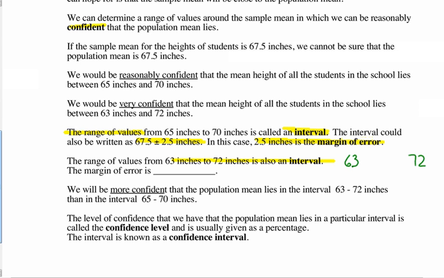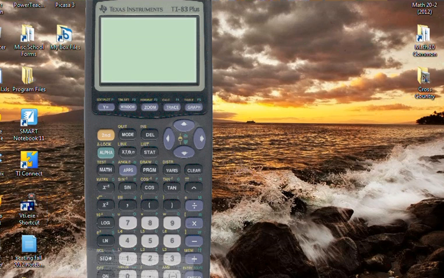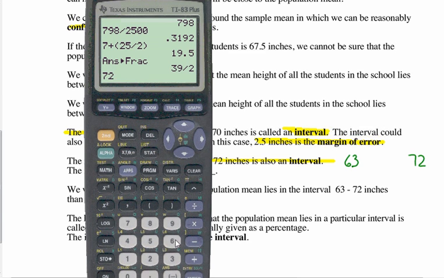So if I grab my calculator, sorry, 1 second. There we go. So if I know that my range is from 63 to 72, and that they're 9 apart, then halfway will be 4.5 apart. So 63 plus 4.5 gives you 67.5.